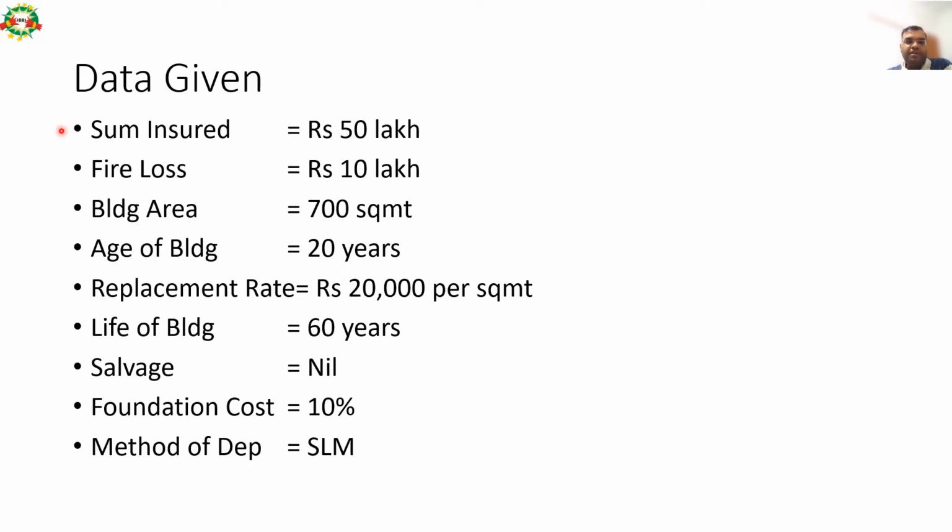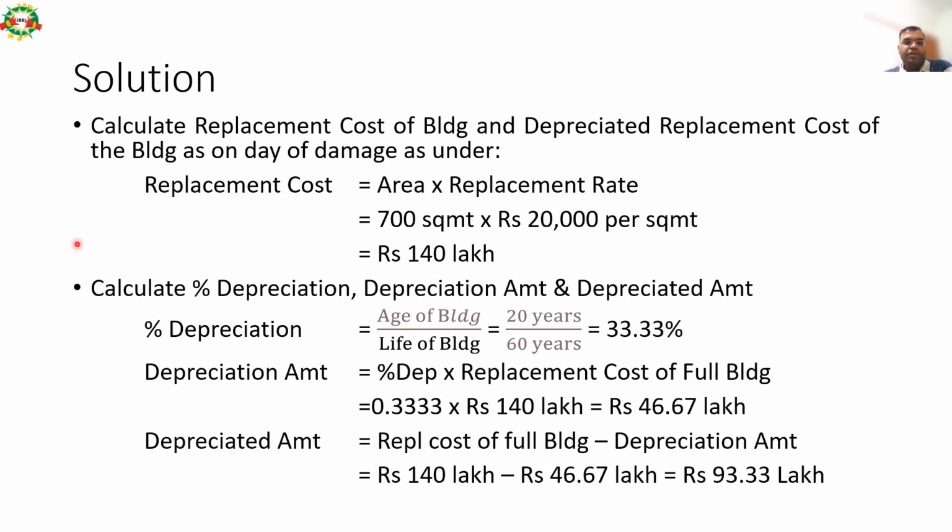So here the data given is: sum insured 50 lakh rupees, fire loss 10 lakh rupees, building area 700 square meter, age of the building 20 years, replacement rate 20,000 rupees per square meter, total life of the building 60 years, salvage nil, 0%, foundation cost 10%, and the method to be used for depreciation is SLM. First we have to calculate the replacement cost of the building and the depreciated replacement cost of the building as on the day of damage.